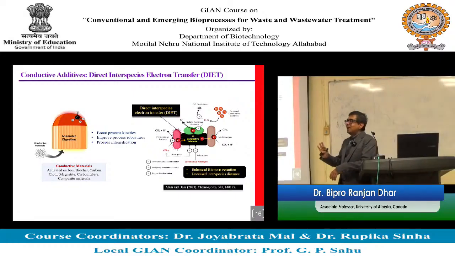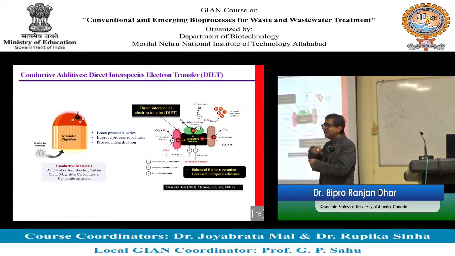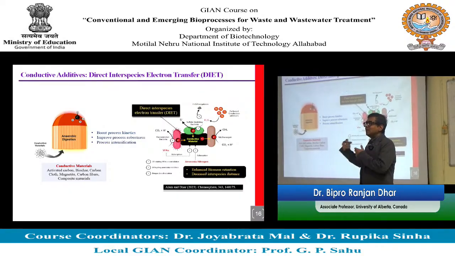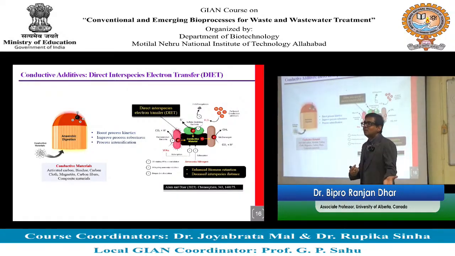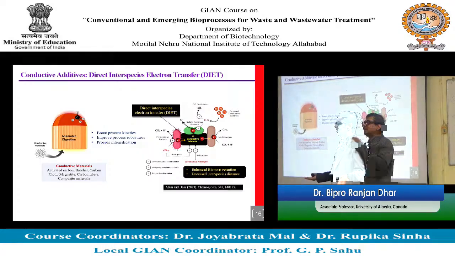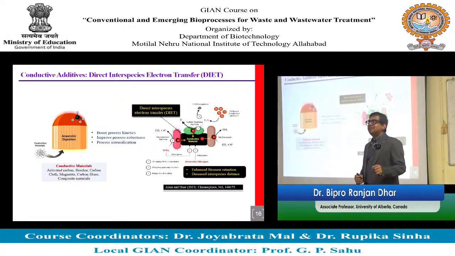We have to understand one thing. DIET was kind of a trigger. We were encouraged to add a lot of different types of conductive material, but not necessarily all the improvement you see is actually coming from DIET. From microbial community analysis, you can get some sort of indirect indication.